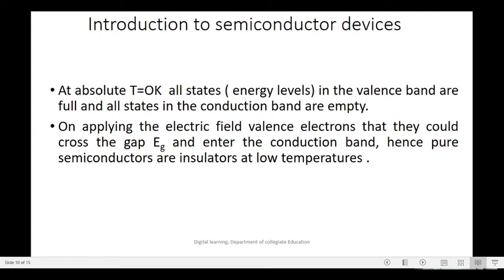Introduction to semiconductor devices. At absolute zero, that means T is equal to 0 Kelvin, all energy states in the valency band are full and all states in the conduction band are empty. On applying an electric field, valence electrons could cross the energy gap, Eg, and enter the conduction band. Hence, pure semiconductors are insulators at low temperatures.